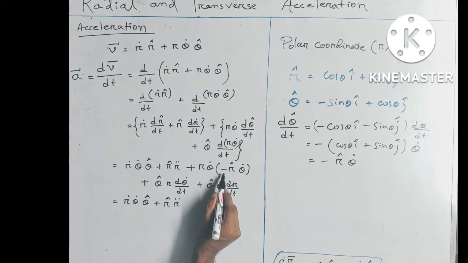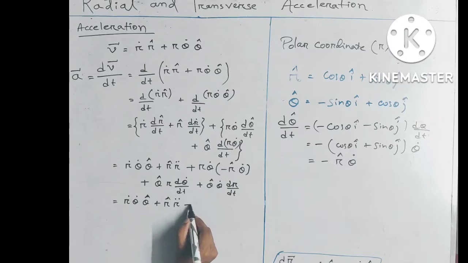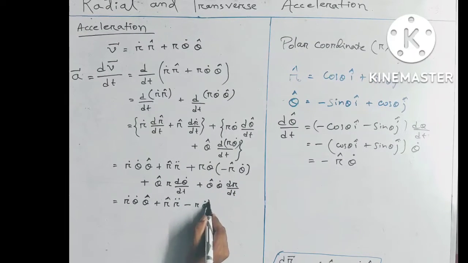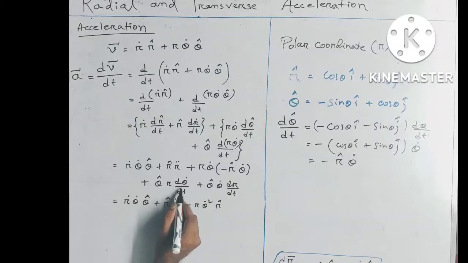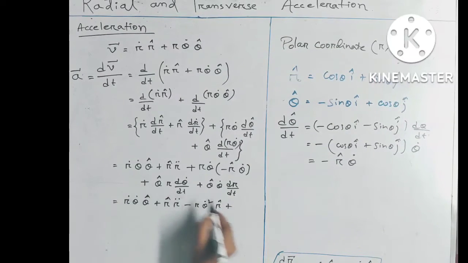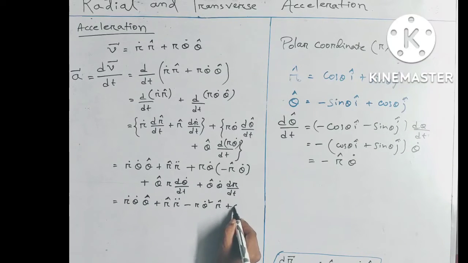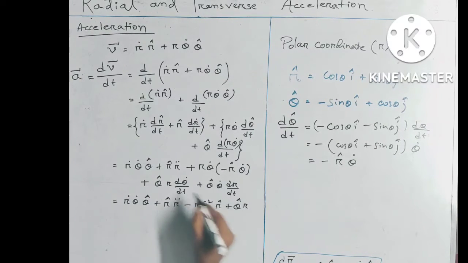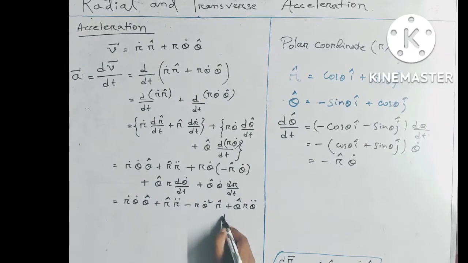It will be minus r theta dot square r cap, then plus theta cap r theta double dot, plus this one will be theta cap theta dot r dot.